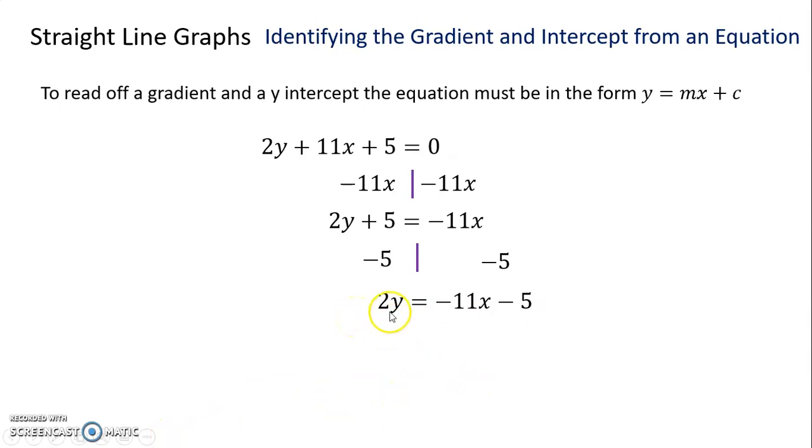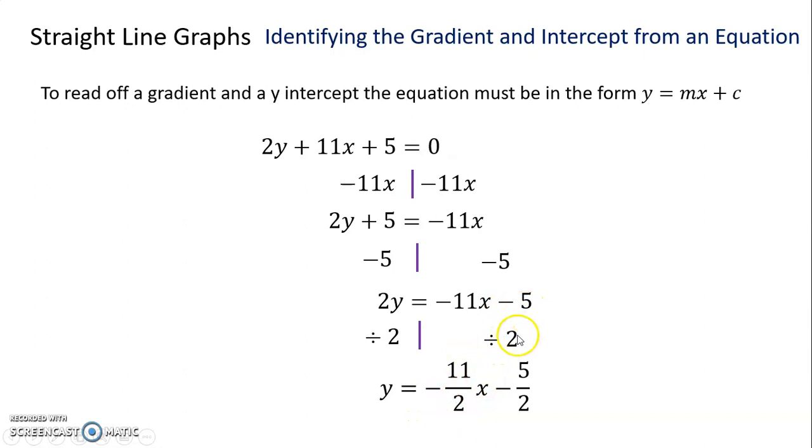Okay, so then finally I need just one y on this left hand side, so I'm going to need to divide both sides by 2. But I have got some shockingly horrible numbers here, and I've done that on purpose just to show you that when that happens, you can just leave them as fractions. So 2y divided by 2 will give me y. Negative 11x divided by 2 will just give me negative 11 over 2 x.